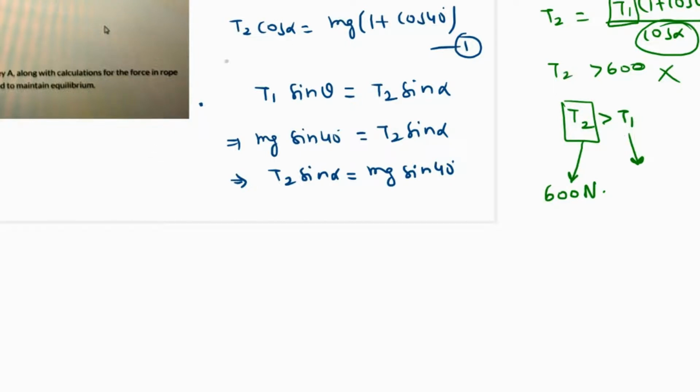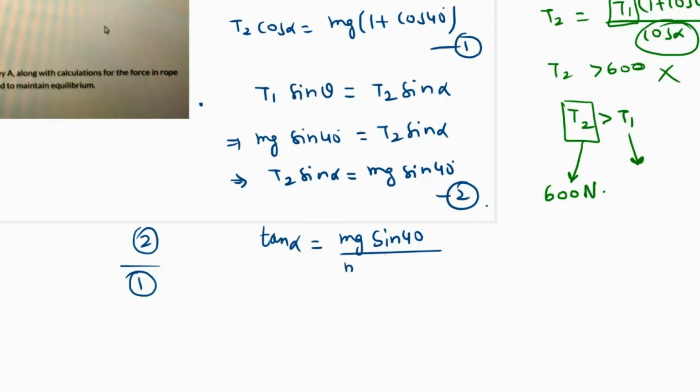From equation 1 and equation 2, we can divide these two equations to get the value of alpha: equation 2 over equation 1. T2 and T2 cancel. We are left with sine over cos, which is tan alpha, equal to mg sine of 40 over mg times 1 plus cos of 40. Fortunately, the m and g also cancel, so we get the value of alpha right away. Let me bring my calculator.